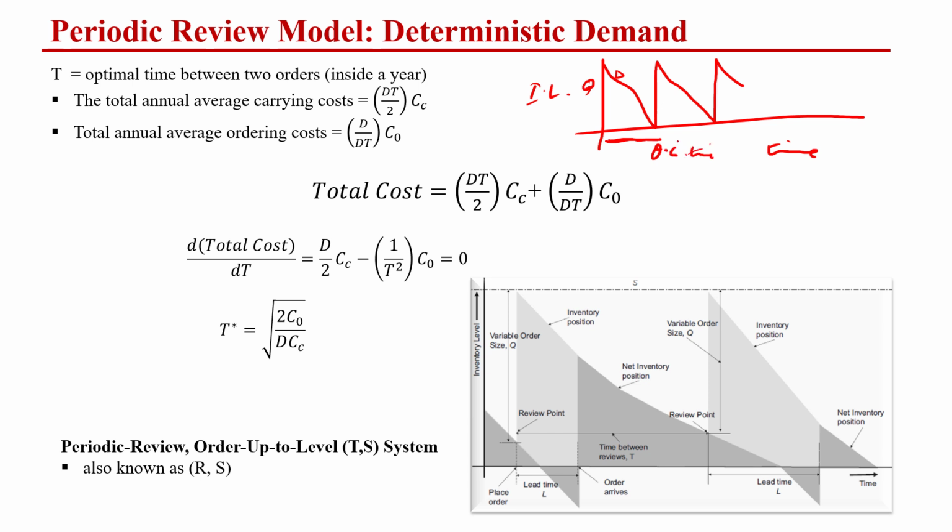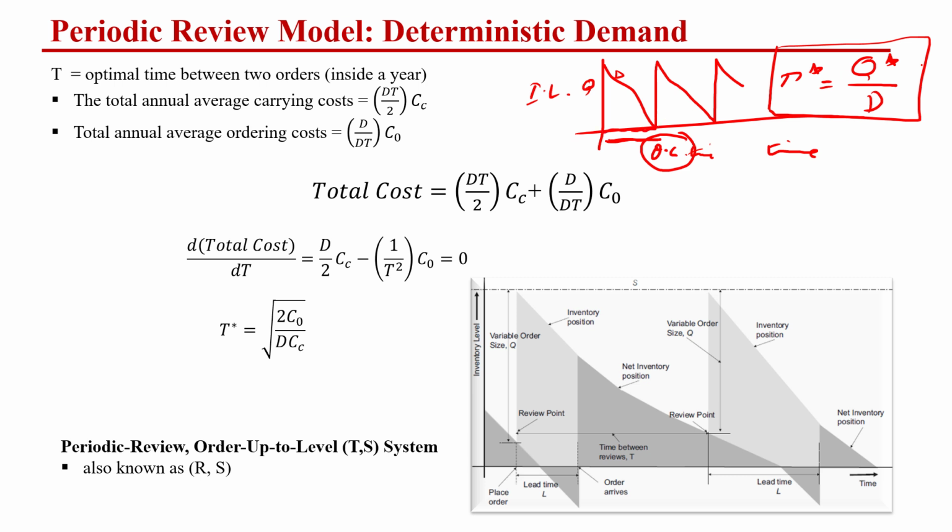We know how to quantify the order cycle time: it is the optimum order quantity divided by the annual demand. This indicates how long one order cycle would be.